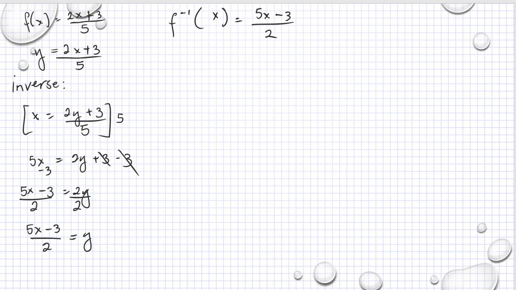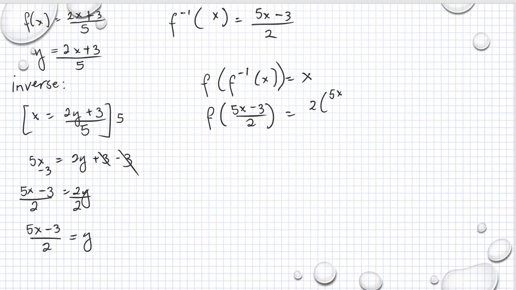To check if you did it right, you take the composite function of f and its inverse. It should be equal to x. So you have f of 5x minus 3 divided by 2 is equal to 2 times 5x minus 3 divided by 2, plus 3, divided by 5.